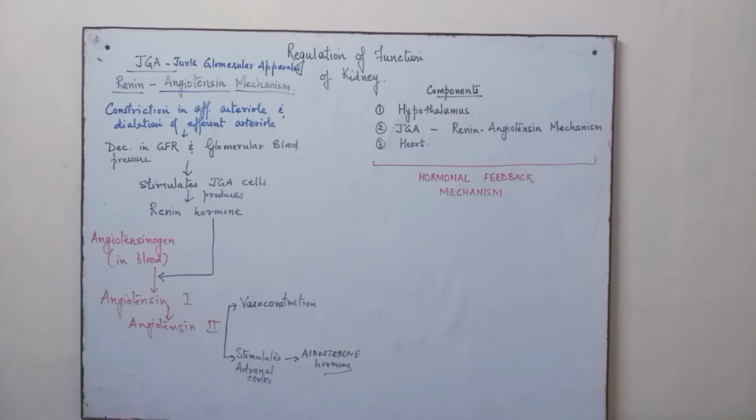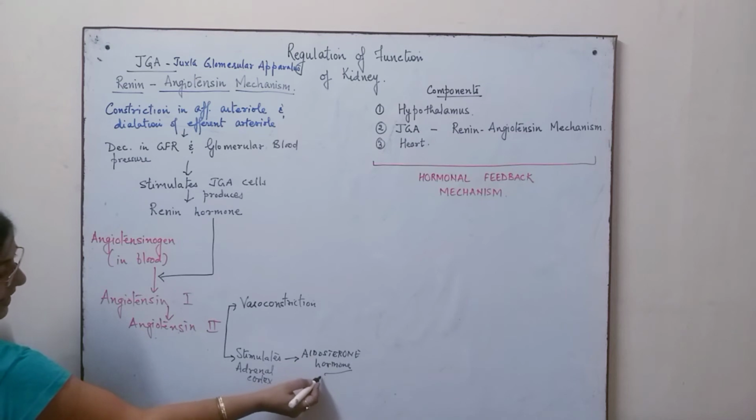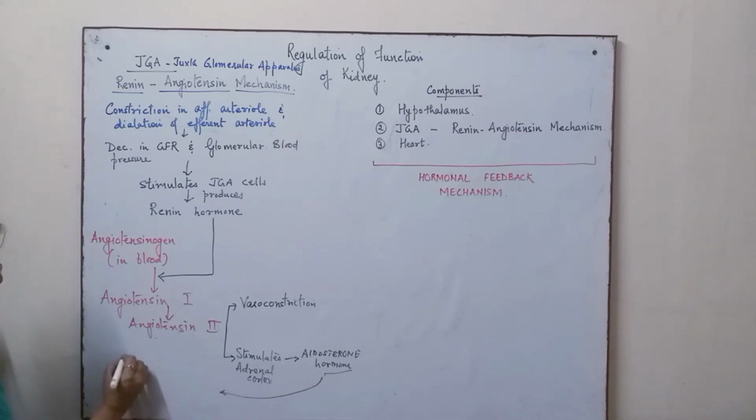This aldosterone hormone helps in retaining water, and also helps in the retention of sodium. So this will help in retaining sodium ions as well as water. This is happening in the DCT, that is the distal part of the convoluted tubule.